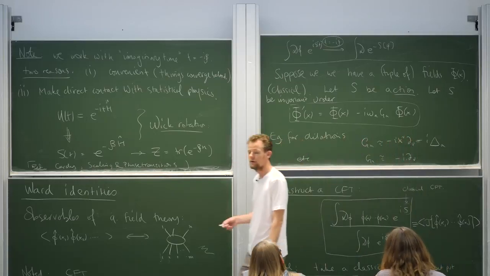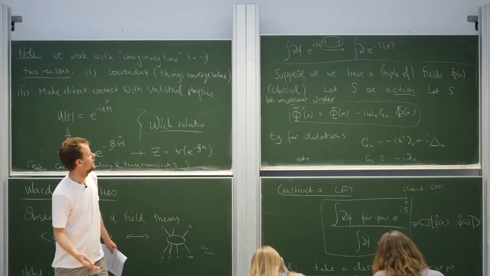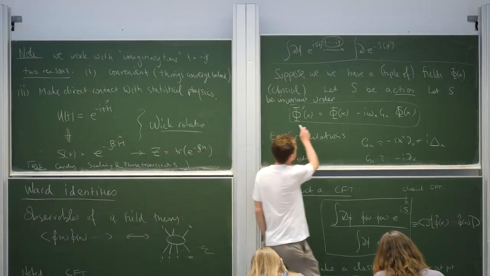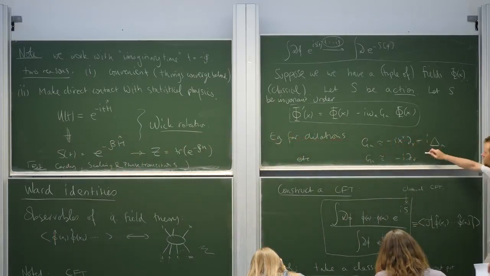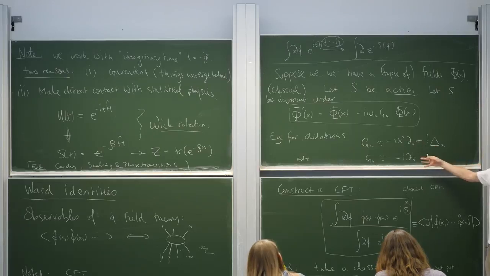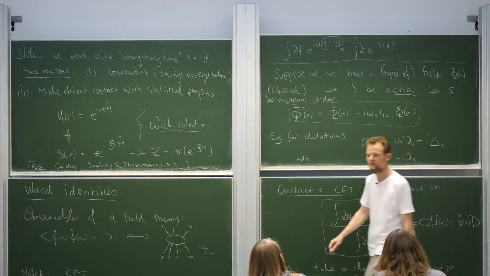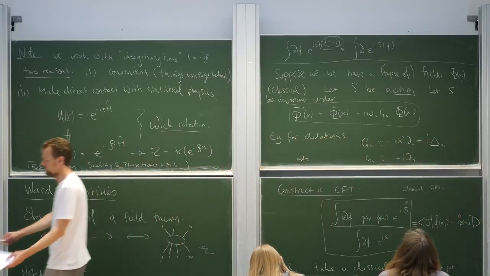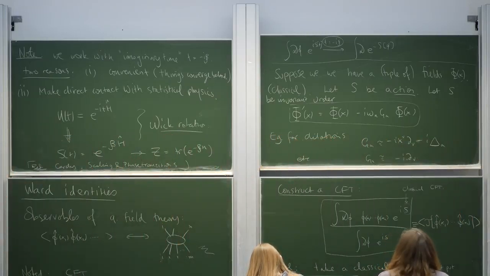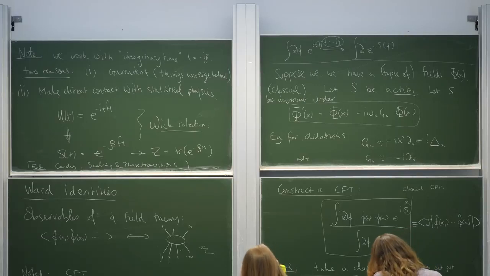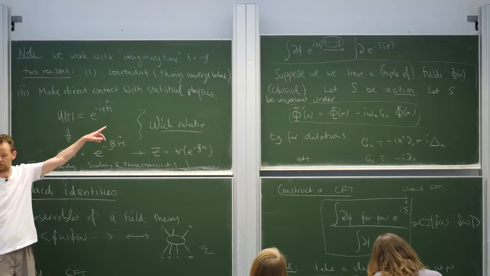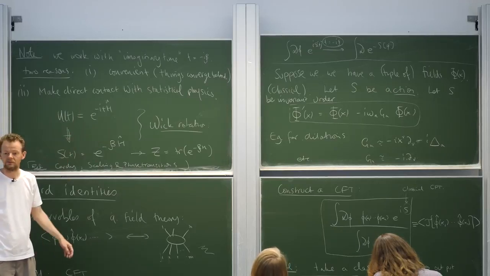So we have a theory. We know what symmetries we want it to be invariant under. We want it to be invariant under the whole host of conformal symmetries. So we have an action, it's invariant under this, but it's all classical. So let's just do the simplest thing and just hope that it works, and then see what are the consequences of this action. The simplest thing we could do is to just stick that action into the path integral and see, well, what is the consequence of these symmetries?